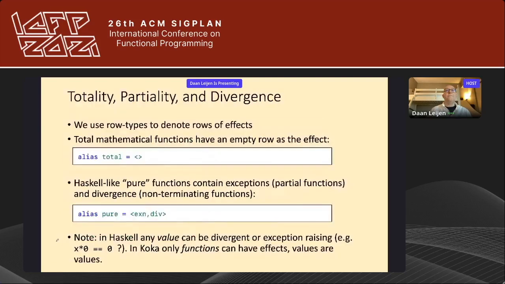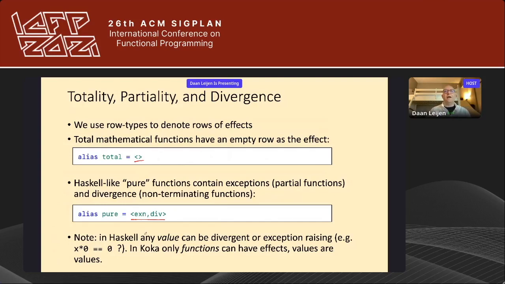Let me see. So we use row types to denote those types. Total is like there's no effect at all, while, for example, pure will be a row with exception and divergence in it. And we call that pure because that is very close to how it corresponds to Haskell's notion of purity, where any value can maybe diverge or raise an exception.